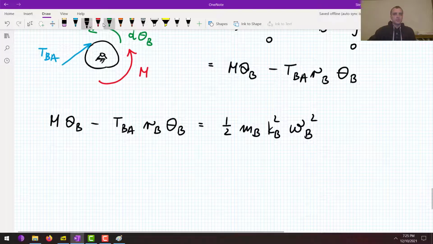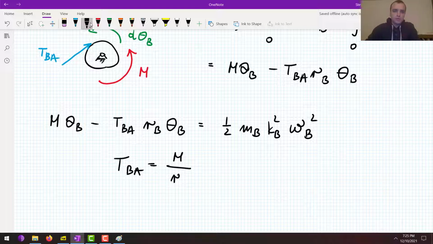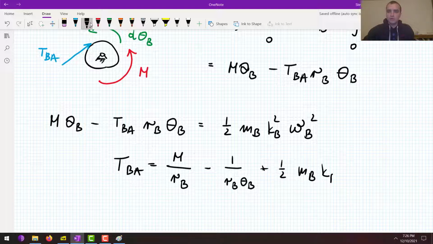Okay, so our T_BA is equal to M divided by R_B minus 1 divided by R_B theta_B times 1/2 m_B k_B squared omega_B squared.